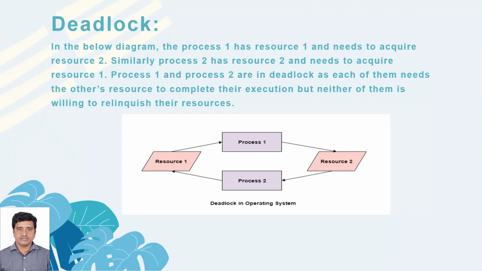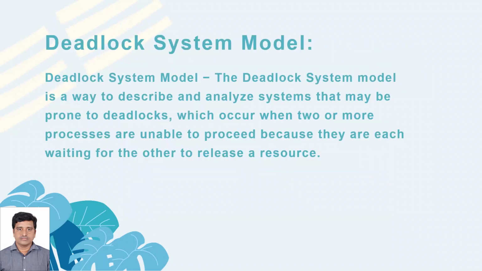So it is a cycle, a circular wait, and deadlock happens. Each one needs the other's resources to complete its execution, but neither is ready to release its resource. So deadlock happens.